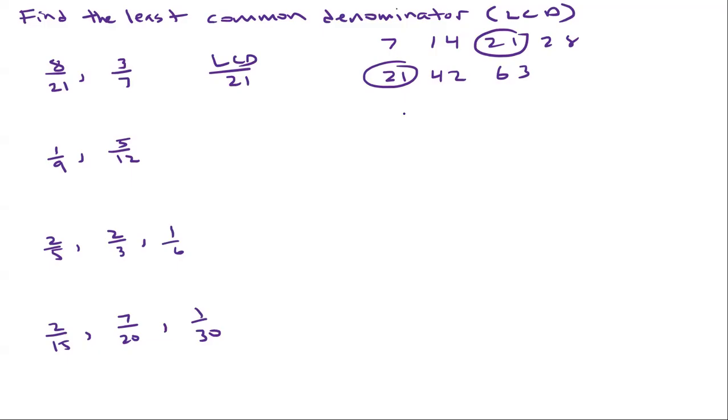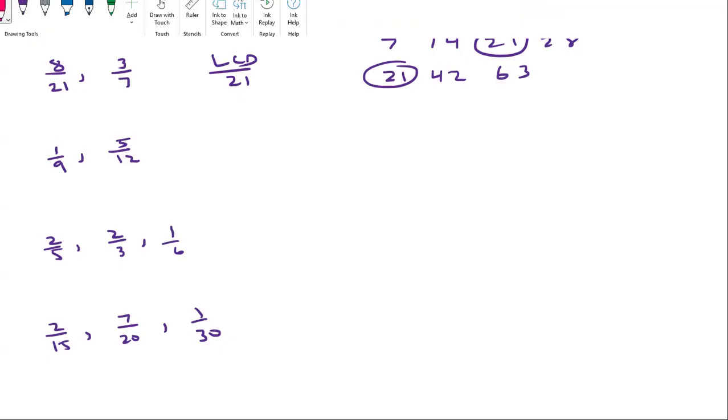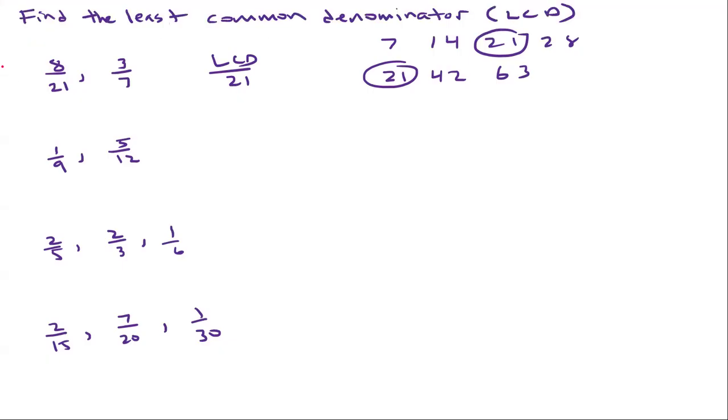Okay. Now it's the same thing for this one, 9 and 12. Okay. So if I pick 9 as my LCD, 12 cannot go into 9 evenly. 9 goes into 9 evenly, but 12 doesn't. Okay.